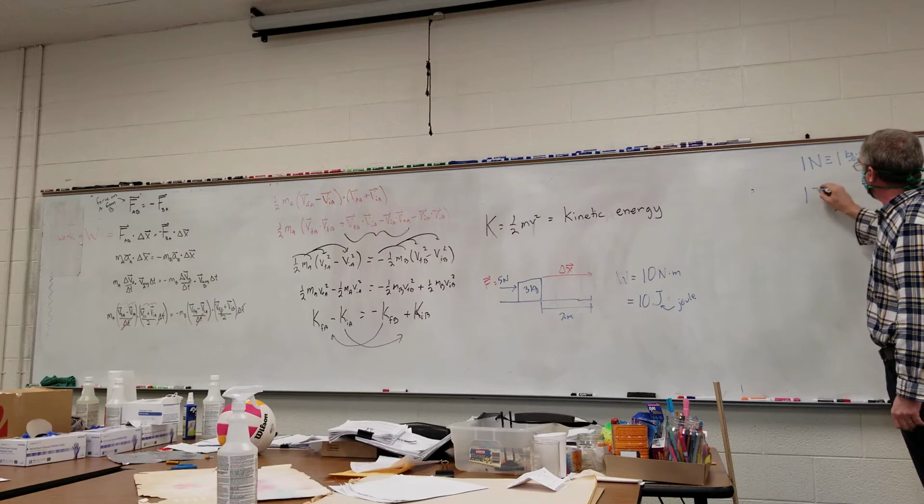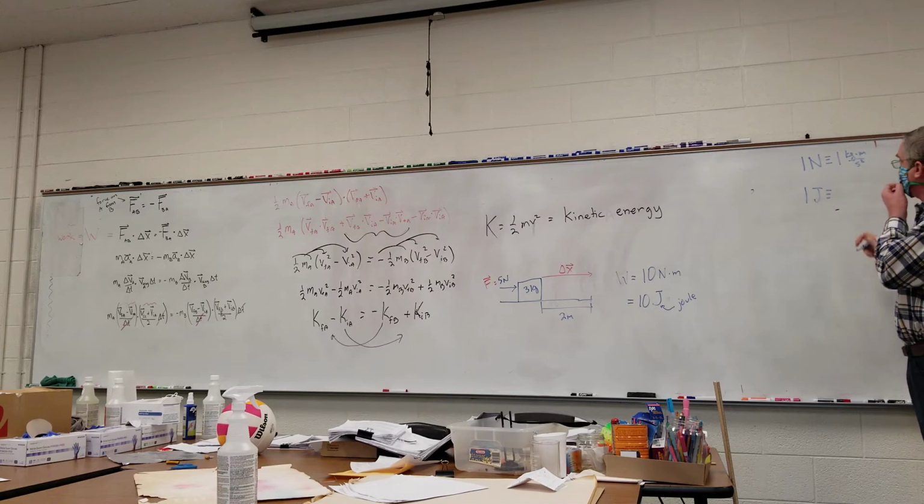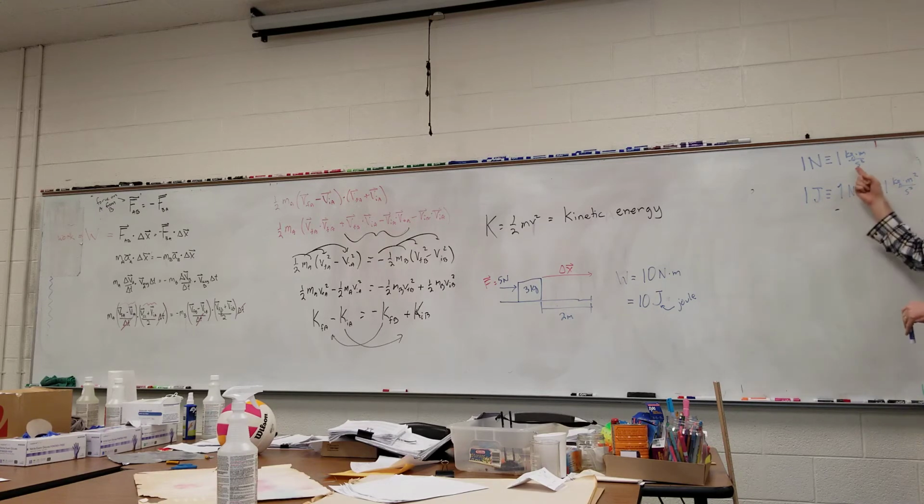And now we have 1 joule, which is defined as 1 Newton meter, or 1 kilogram meter squared per second squared. It's very similar to a Newton, except we do have that extra meter there. So on a quiz or test, if you're dealing with work or energy, you can put it in Newton meters or joules, either one is correct.